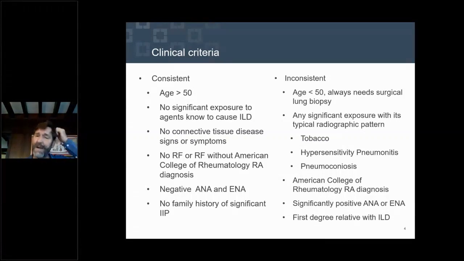Inconsistent findings make me scratch my head and think of NSIP, hypersensitivity, or sarcoid, most commonly in this part of the world, or age less than 50. Those patients almost always need a surgical lung biopsy. Also consider tobacco, pneumoconiosis, agents that cause hypersensitivity, and the RA diagnosis by the American College of Rheumatology.